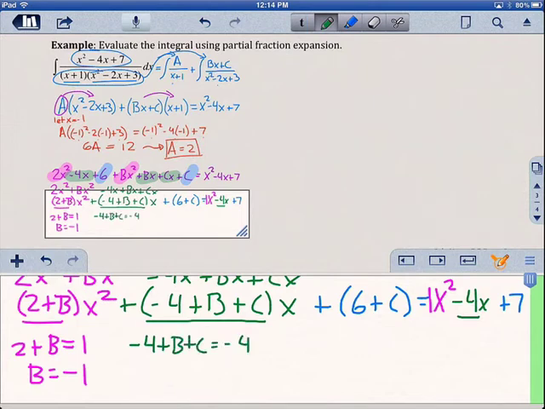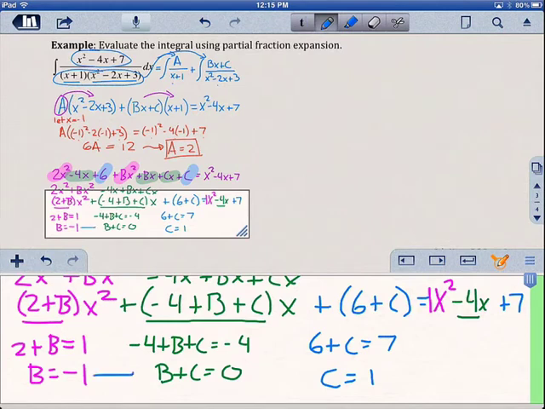So as far as we can get on this one is b plus c has to equal 0. And for our constants, I would know 6 plus c equals 7, meaning c has to equal 1.